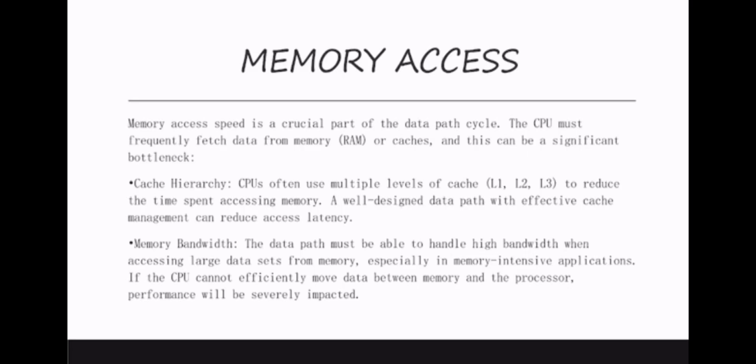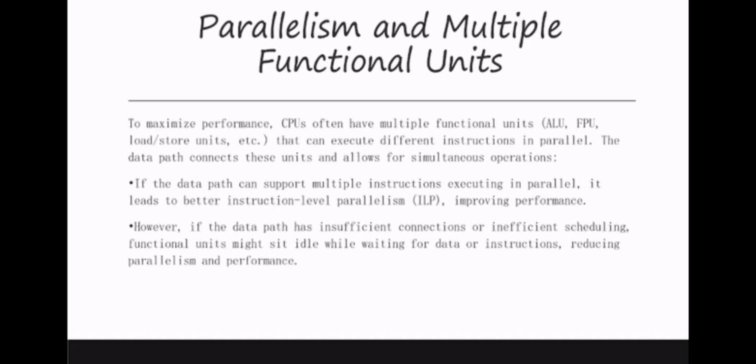A well-designed data path with effective cache management can reduce access latency. Memory bandwidth. The data path must be able to handle high bandwidth when accessing large data sets from memory, especially in memory-intensive applications. If the CPU cannot efficiently move data between memory and processor, performance will be severely impacted.